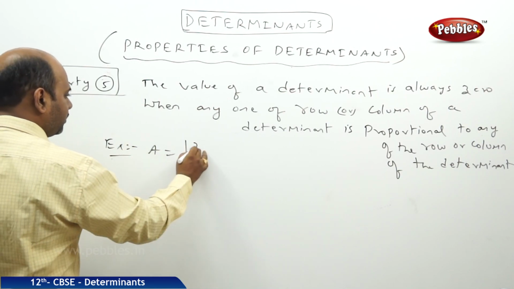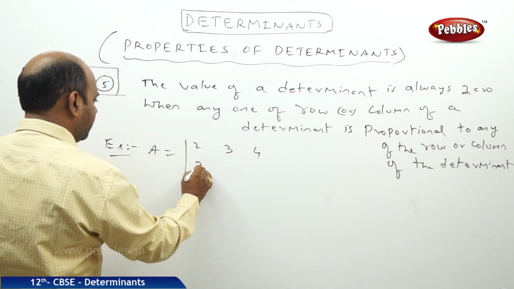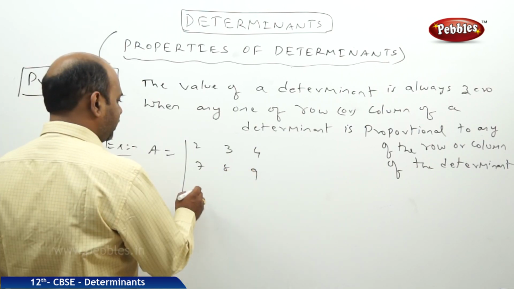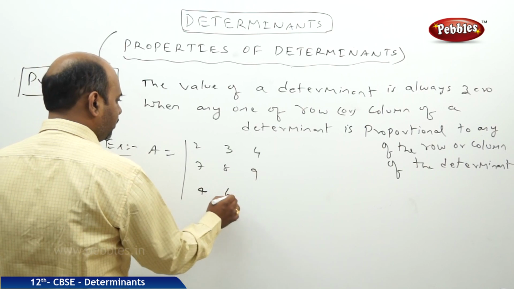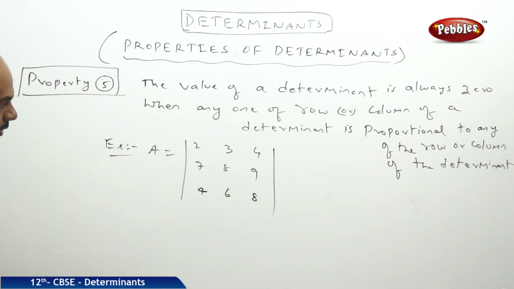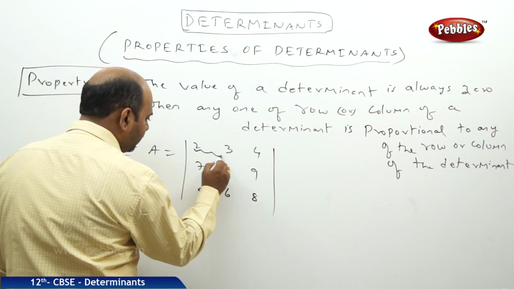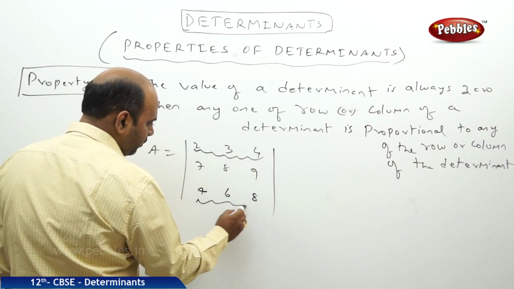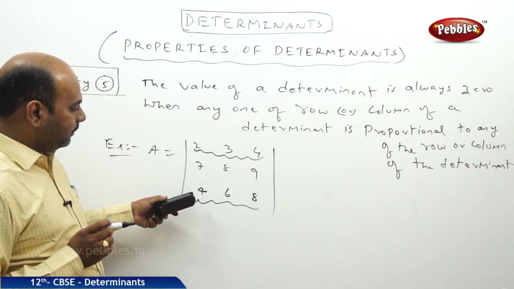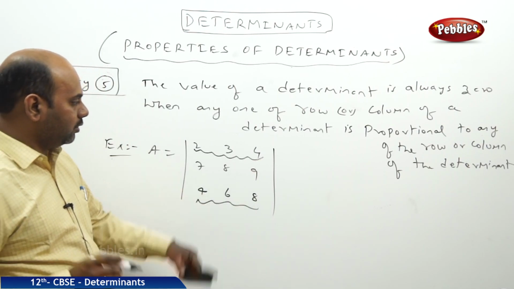Capital A is equal to 2, 3, 4 and here 7, 8, 9, and 4, 6, 8 I shall be taking. If you observe carefully, the first row and last row are proportional to each other, because if I take 2 common, it becomes 2, 3, 4 only.